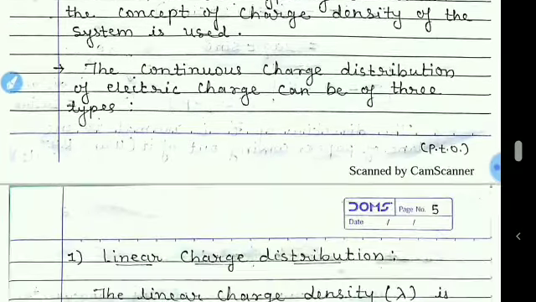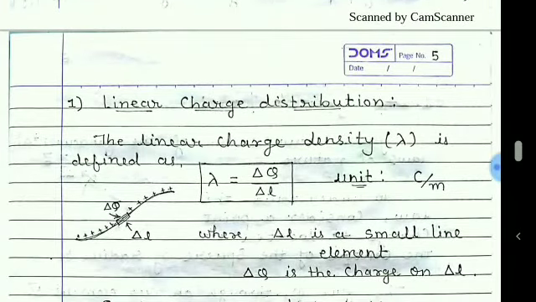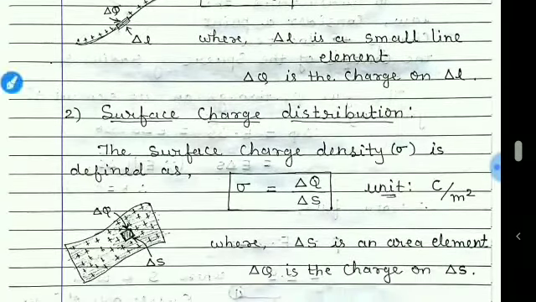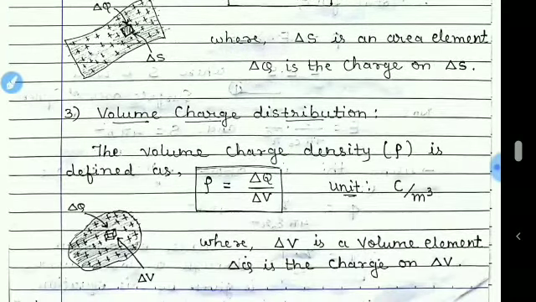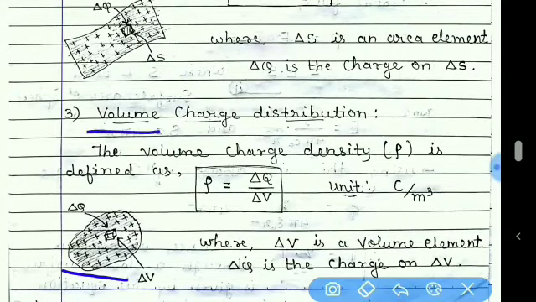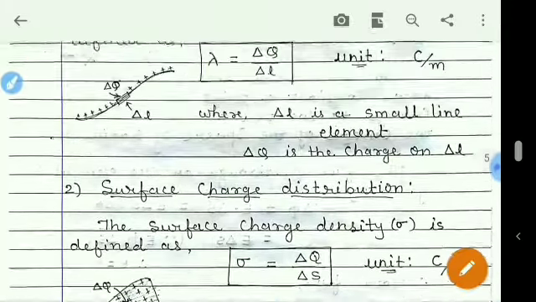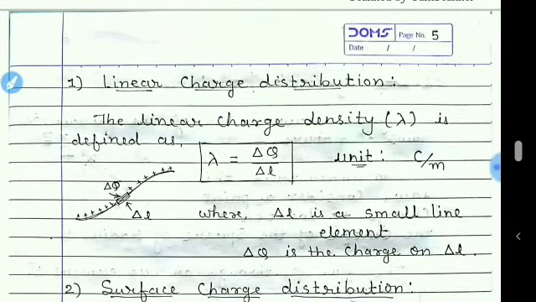They can be distributed in a linear form, they can be distributed on a surface, or they can be distributed on some three-dimensional object, that is volume. So now let us see the charges which are distributed on a linear object.